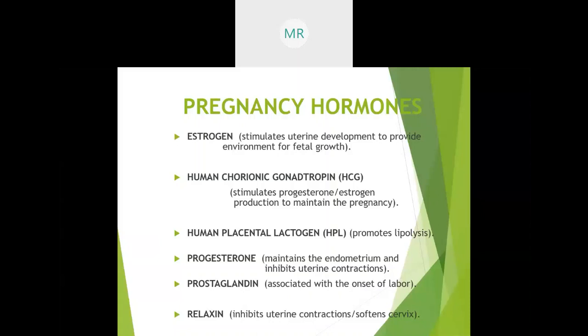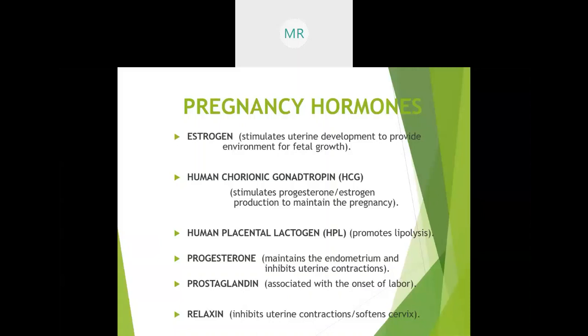If mom has the adequate levels of progesterone that she needs, then her uterus will not start to contract and she won't lose her pregnancy. So progesterone is very important in pregnancy and it needs to be at high levels for the patient to be able to maintain this pregnancy.